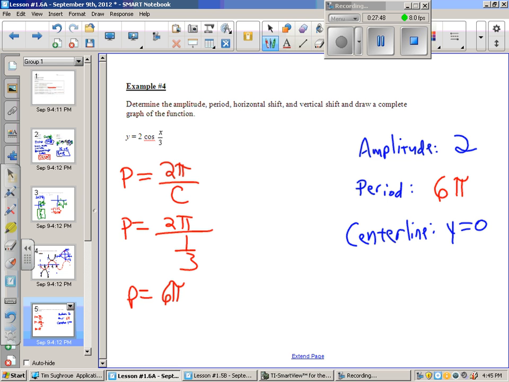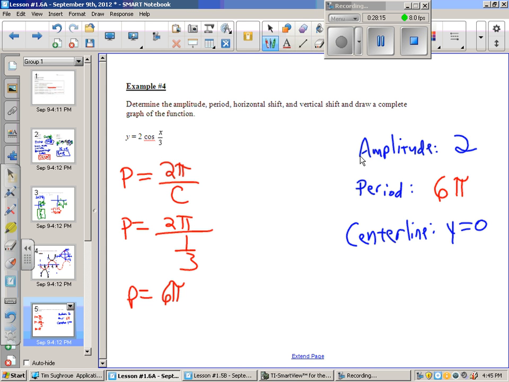It has to be a separate term. It cannot be attached via parentheses to the argument. You'll see one in the next example. But in this case, if there were a +3 out here, then y equals 3 would be my center line. If there was a -5, then y equals -5 would be my center line. But we don't have that.